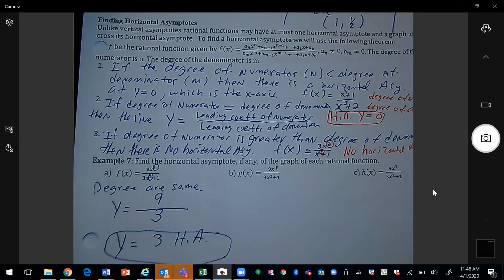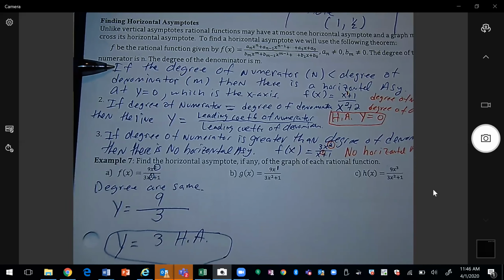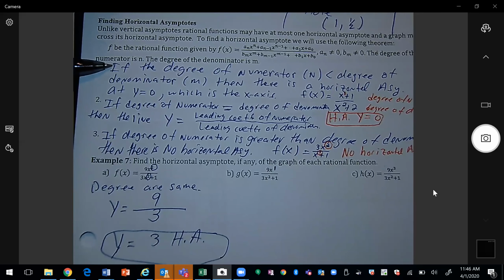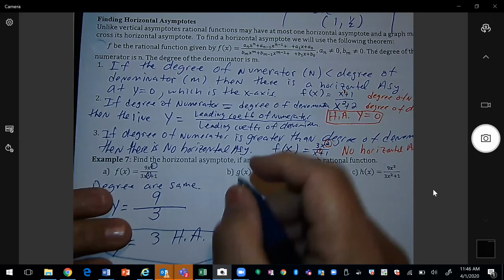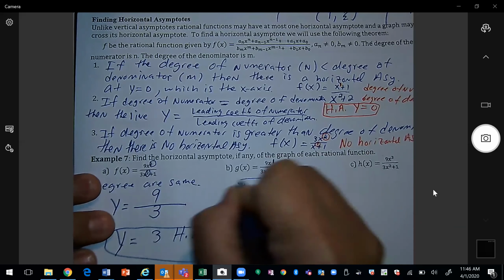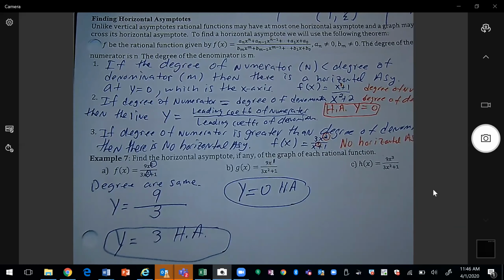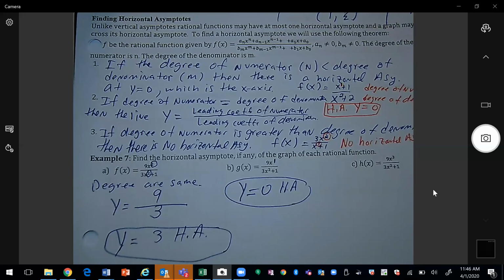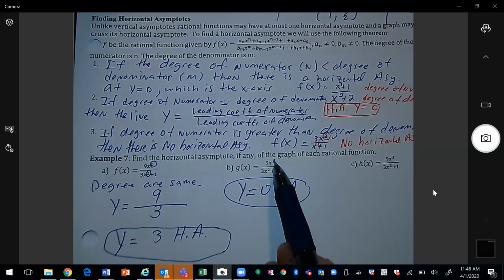That would be statement number 1, right? If the degree of the numerator is less than the denominator, then automatically we just say that y equals 0 is your horizontal asymptote. And we don't have to do anything. That's going to happen all the time, but it only happens if the top is smaller than the bottom, as far as degrees.